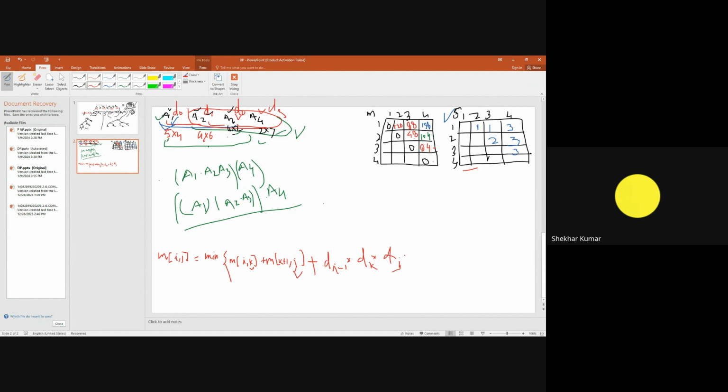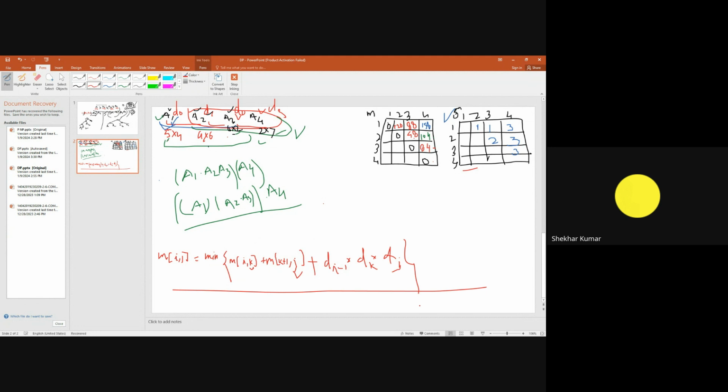So this will be a generalized formula for this matrix multiplication. So this is the final generalization formula of this matrix chain multiplication problem.